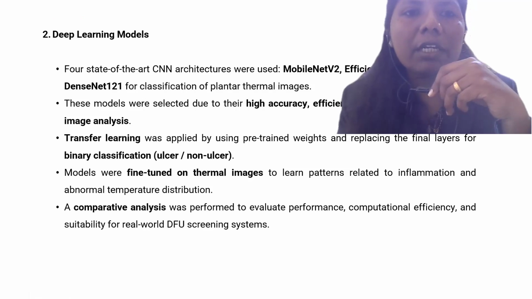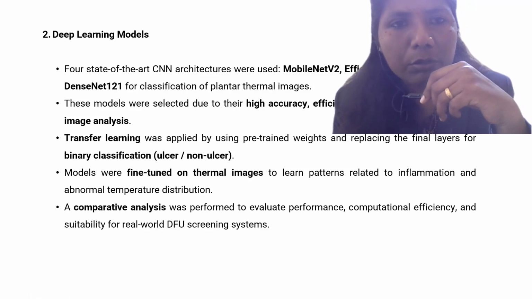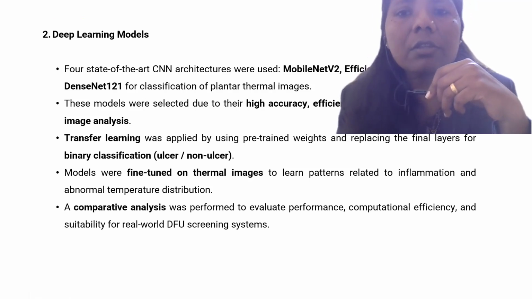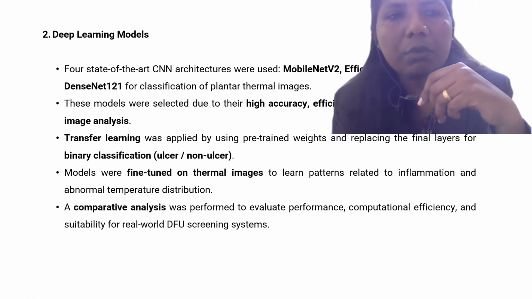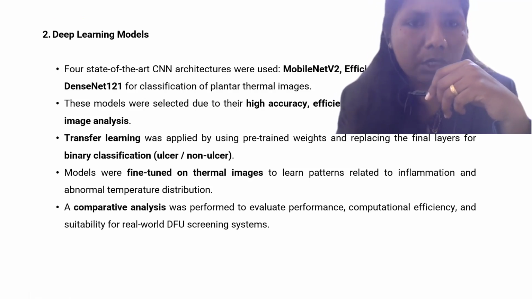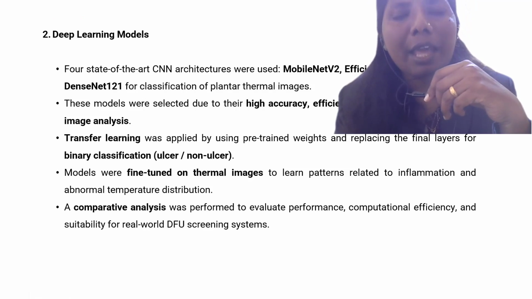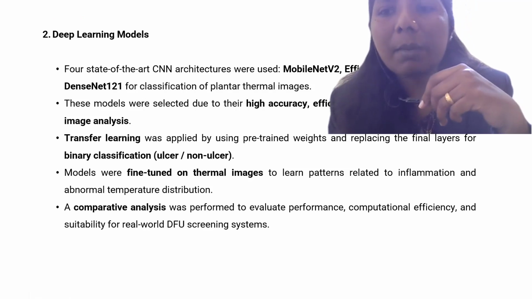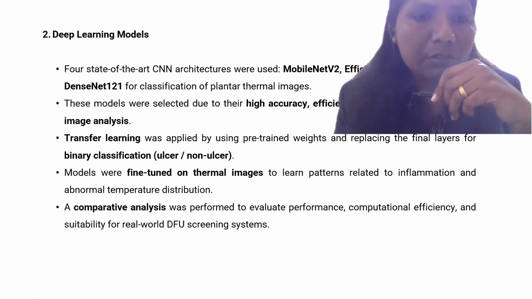After that, we will apply deep learning models. So we are going to use CNN architectures such as MobileNet V2, EfficientNet B0, ResNet 50, and DenseNet 121 for classification of plantar thermal images. The models were selected because they have high accuracy, efficiency, and stability for medical image analysis.